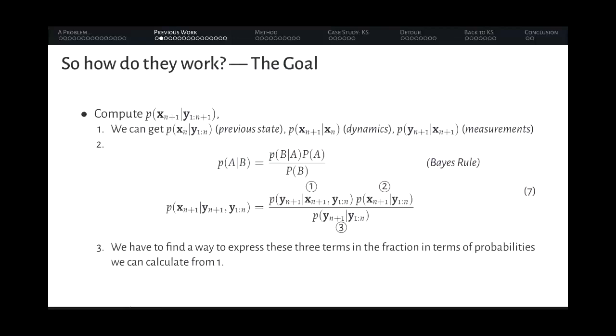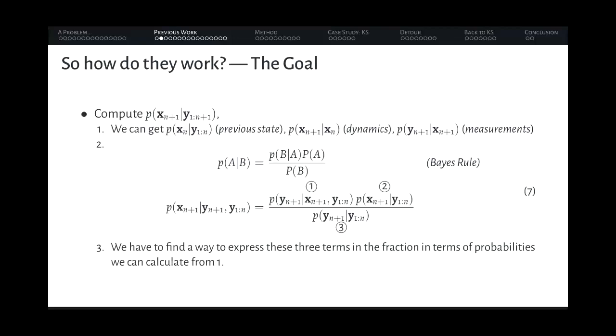So how do they work all together? I mentioned that there's a closed form solution for this quantity, the distribution of the hidden state given all the data up until now. How do you actually get that closed form solution? We had these three things, right?